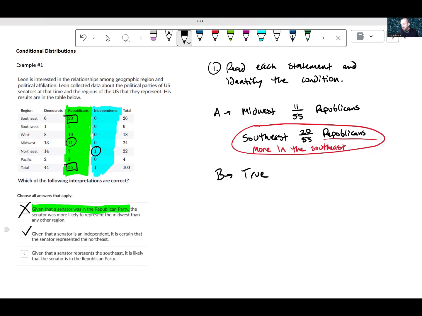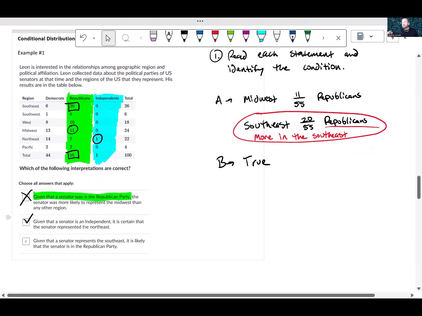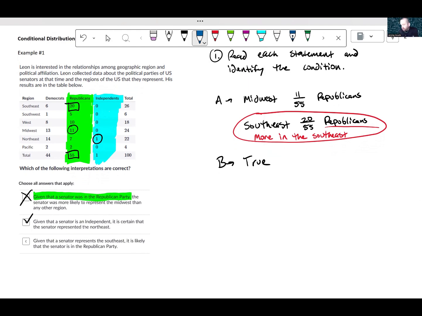Okay, and let's check C because it says choose all that apply. So for C, it says given that a senator represents the Southeast. So now here's our new given statement, or conditional statement, that a senator represents the Southeast. It's likely that the senator is in the Republican Party.